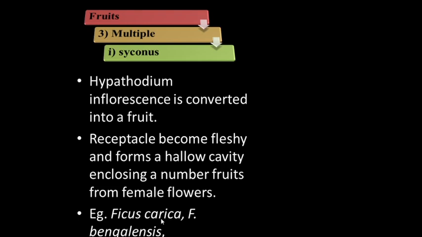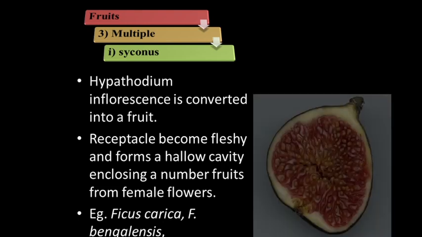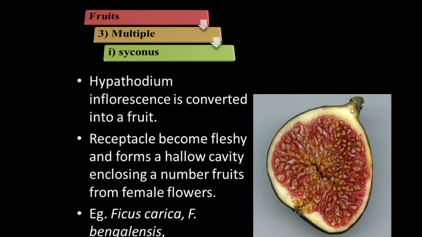The inflorescence is syconus and the whole inflorescence is modified into a fruit. This is the fruit. The inflorescence is hypanthodium, and these are the individual flowers. And these flowers on the receptacle, the whole inflorescence is modified into a single fruit that is called syconus.